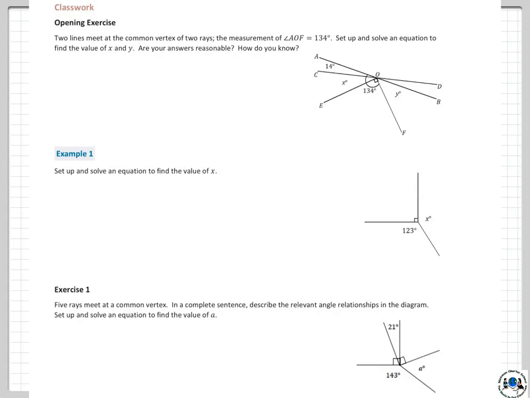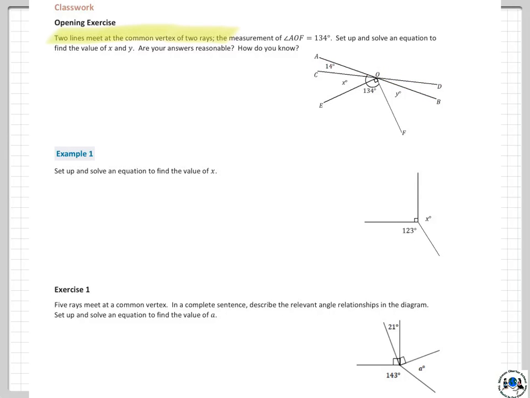Two lines meet at the common vertex of two rays. Can you tell which are the lines here? Again, a really important thing to do. The only two things going straight are these here, and that would be line AB and line CD.